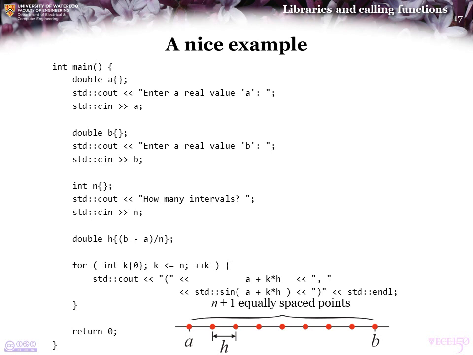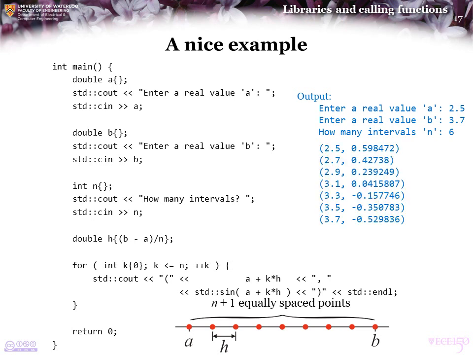Therefore, if we were to compile and execute this program, suppose we entered as the endpoints 2.5 and 3.7 with 6 intervals. Well, 3.7 minus 2.5 is 1.2, over 6 is 0.2, and therefore the 7 points are 2.5, 2.7, and so on all the way to 3.7.